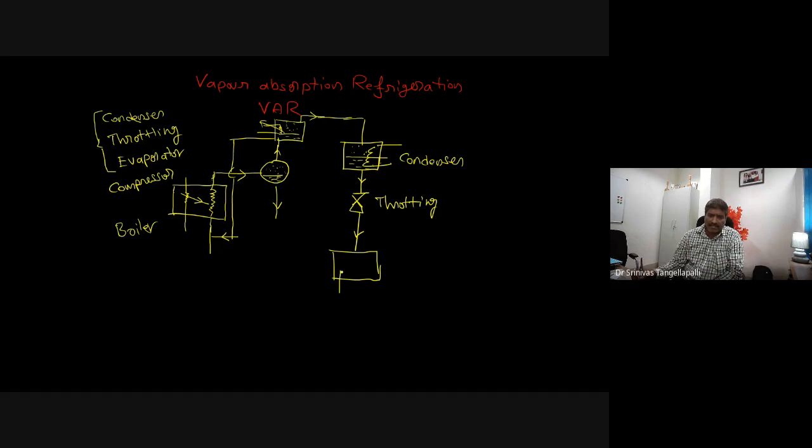For example, I am sending a liquid here, and then you can generate chilled water. That means you are absorbing heat from the surroundings. That's why it is called an evaporator. Then the liquid becomes a vapor. When the liquid becomes a vapor, that vapor you have to condense.